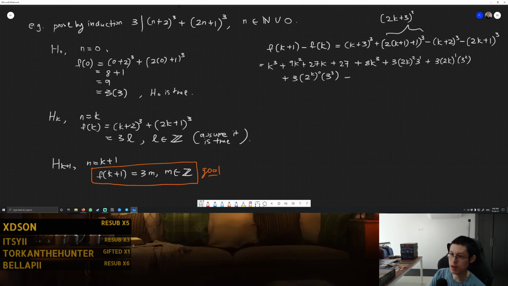Okay, then lastly, this third term here, (k + 2) cubed, is going to give us k cubed plus, what's this? Let me think. k squared, so 3k squared times 2 is 6k squared.